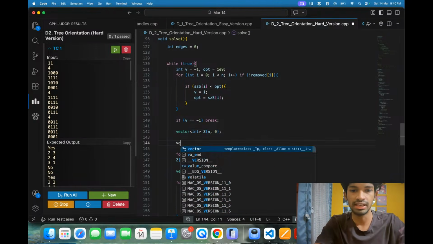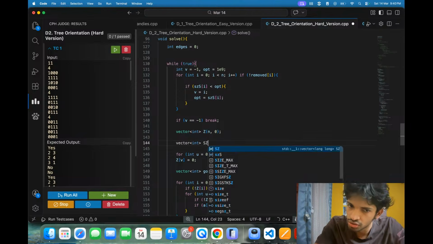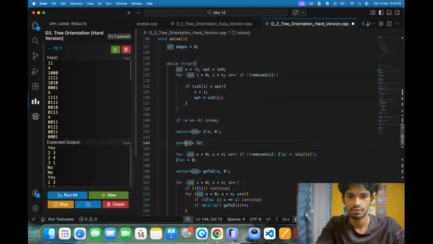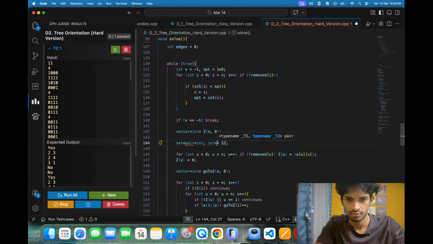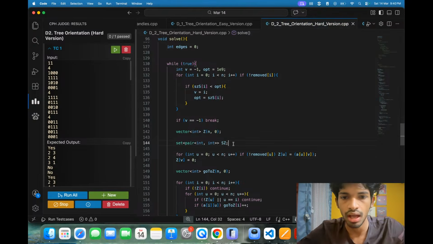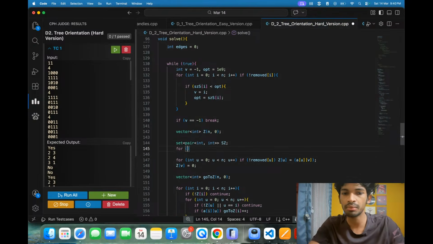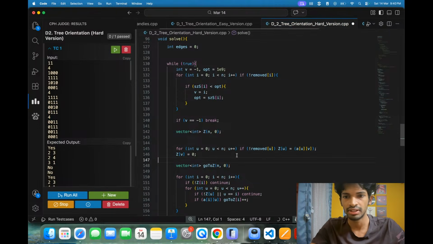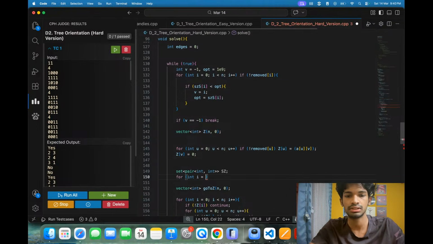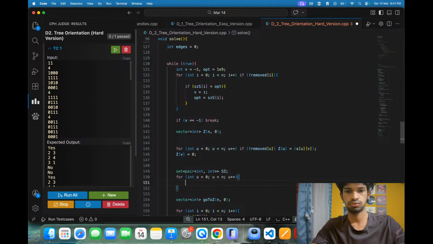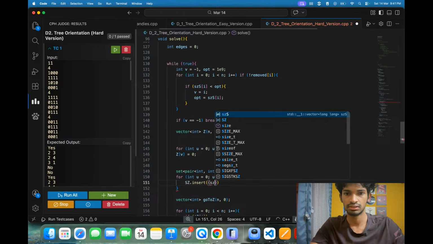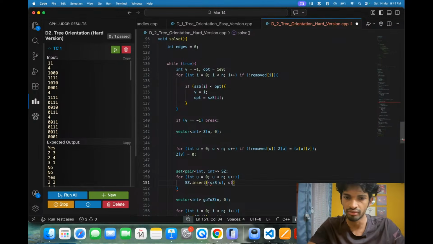So you will have a set, let's call it sjed, and for these elements in jed, it will have nothing but its size comma the value.